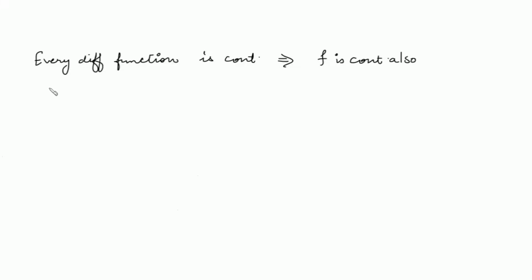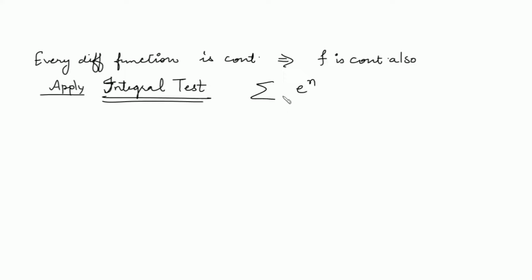So we can apply the integral test and check the behavior of the series summation e to the power n over 1 plus e to the power 2n. So find out the value of the integral of e to the power n over 1 plus e to the power 2n from 1 to infinity.